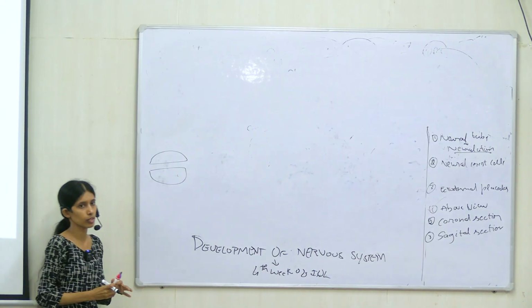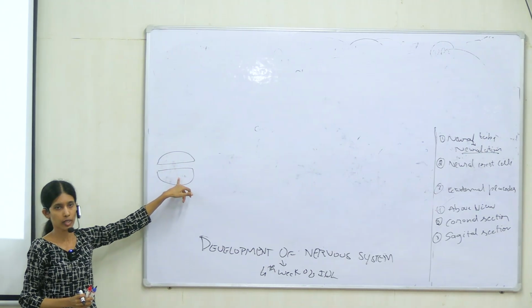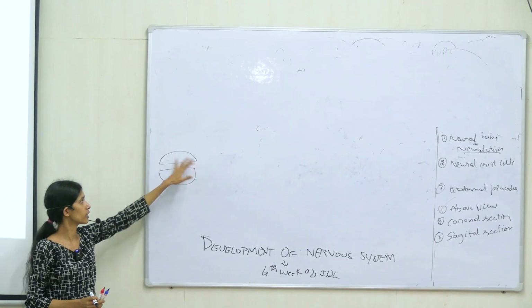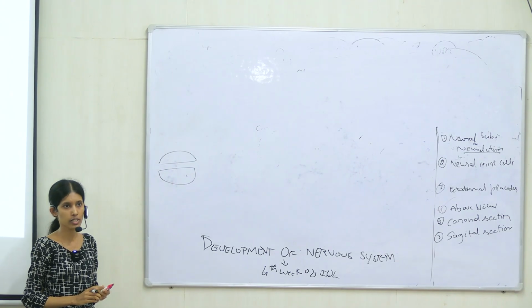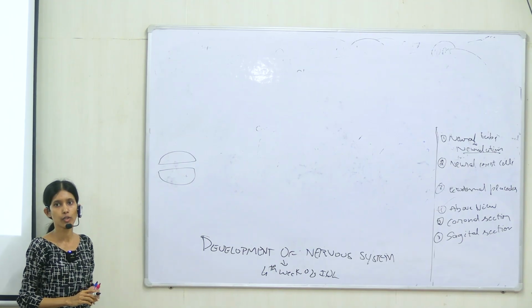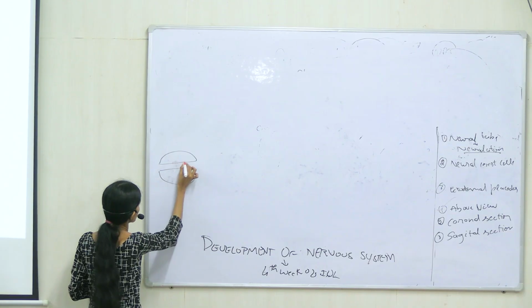Now we will concentrate only on the ectoderm, mesoderm and endoderm part. I have already mentioned that in the ectoderm part, the differentiation of cells will take place, forming a structure called the neural plate. I will mark the neural plate in red color.